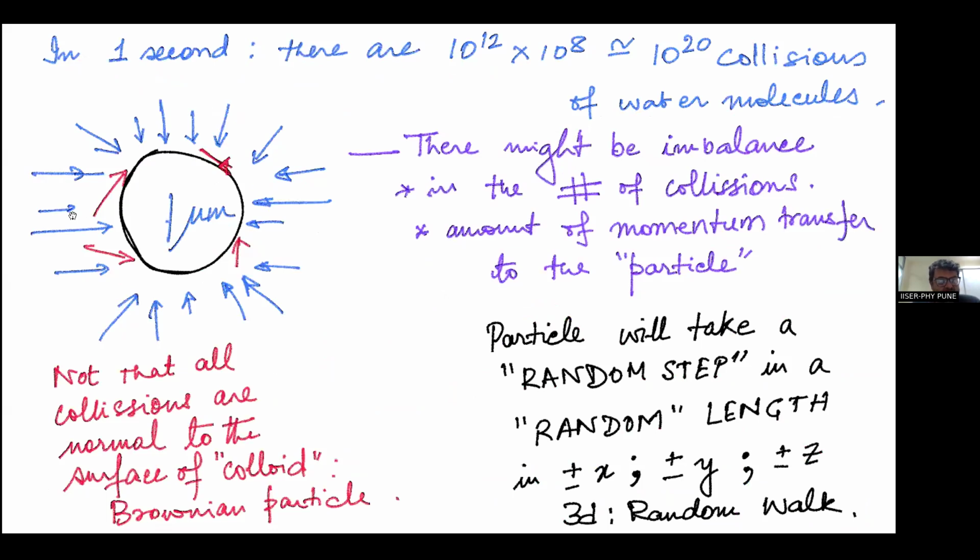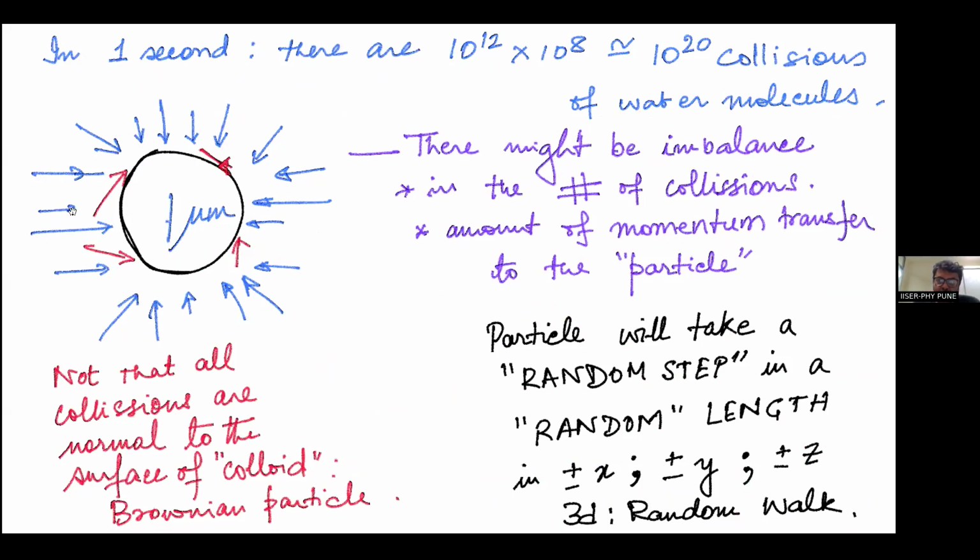The point is, at every instant of time, the number of fluid particles hitting from this direction and from that direction need not be equal. The particles are also moving with different speeds, and not all of them hit normally; they bounce back and so on.